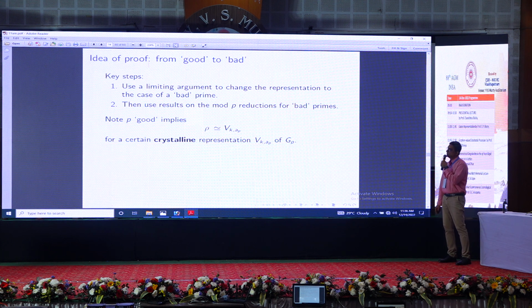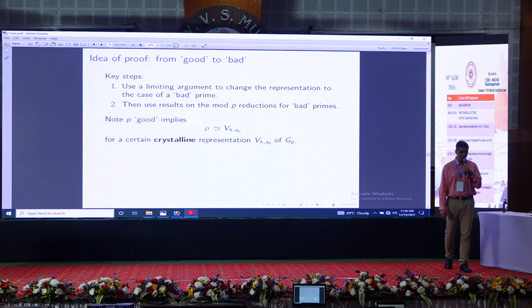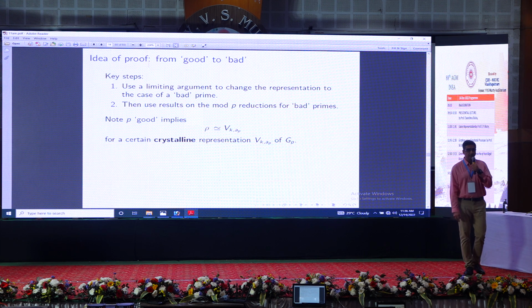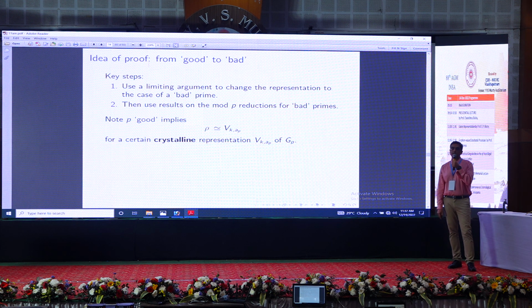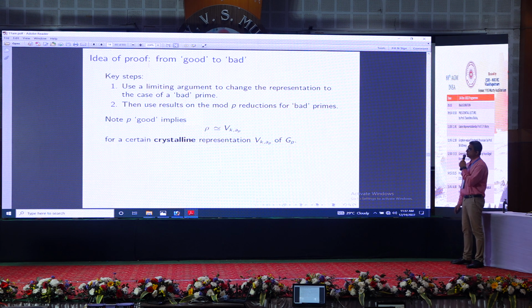So now I'll use for the first time some technical words. Good means that this particular Galois representation, not the reduction, but the one in characteristic 0, the one from the Galois group of Q_p to GL_2 of Z_p or something like that, not into the finite field, is crystalline.